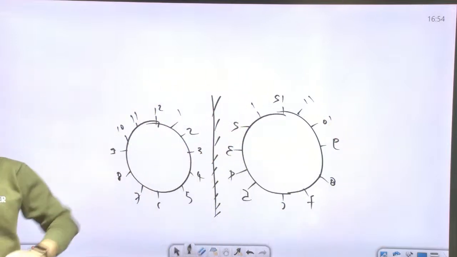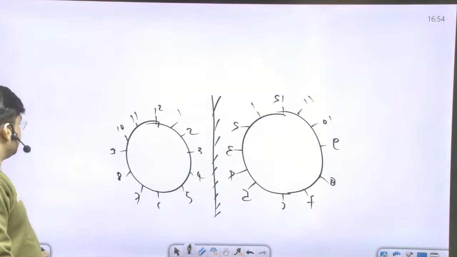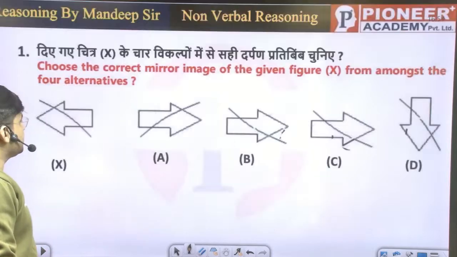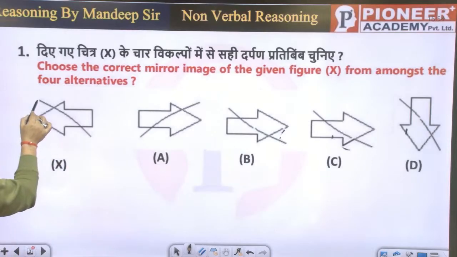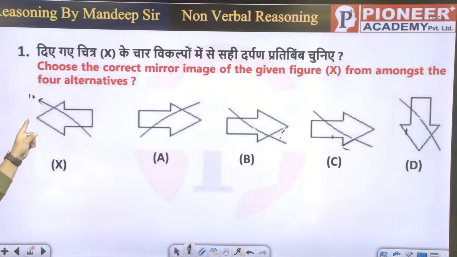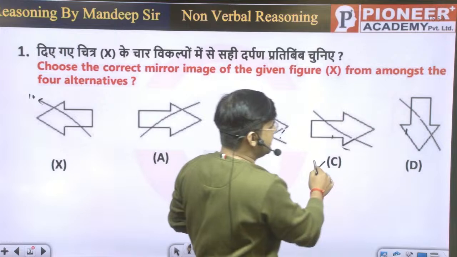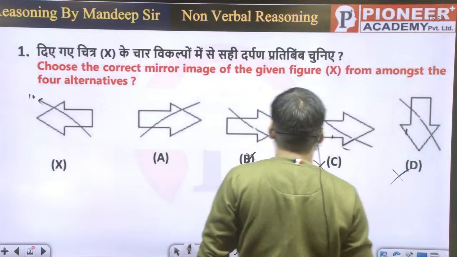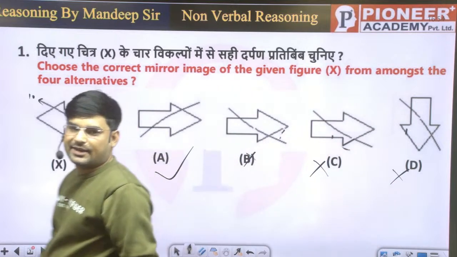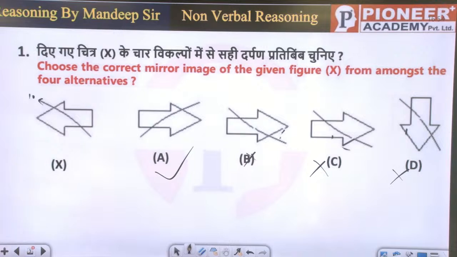Right becomes left. So if you see, this one is at the place of 10, so it can be at the place of 2. A can be the right answer, B no, C no, D is also wrong. So option A is the correct answer. Is it clear?